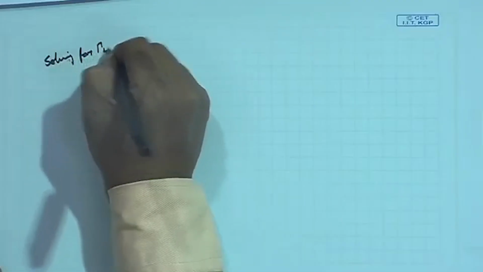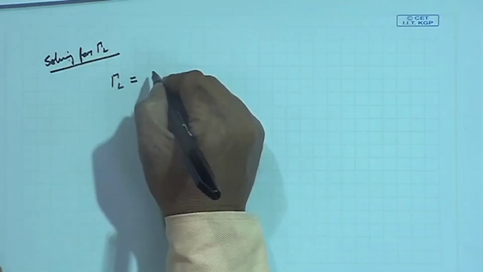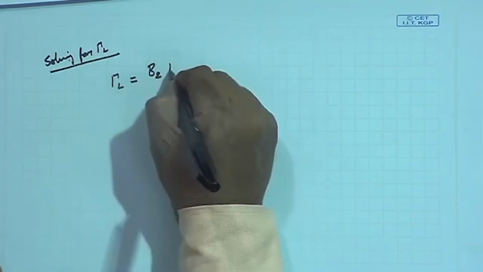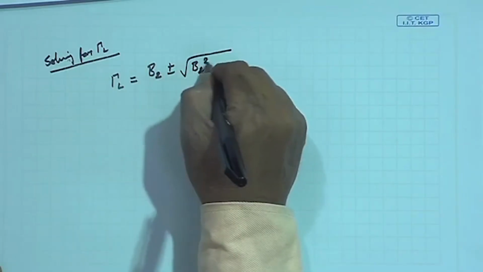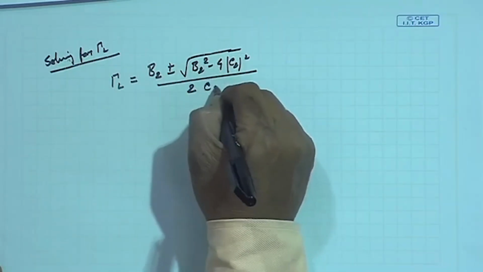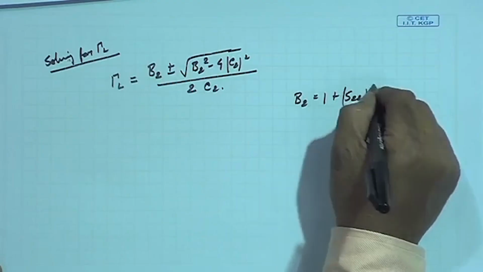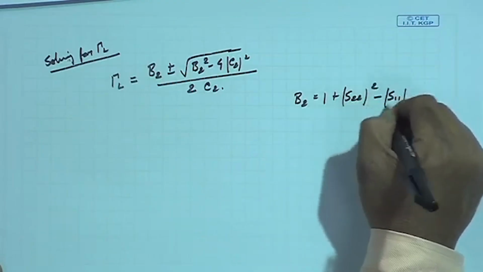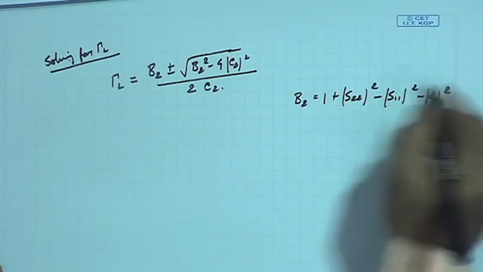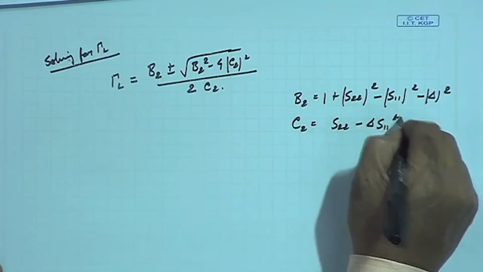Similarly, if I solve for gamma L, we get another quadratic equation, and that solution we call B2 plus minus root over B2 square minus 4 magnitude C2 square by 2 C2, where B2 is given by 1 plus S22 square minus S11 square minus delta square, and C2 is S22 minus delta S11 star.